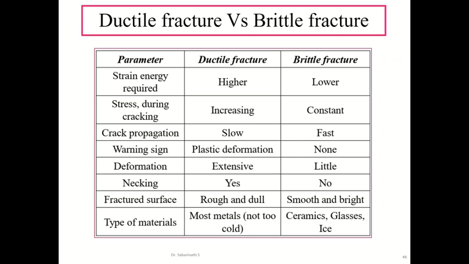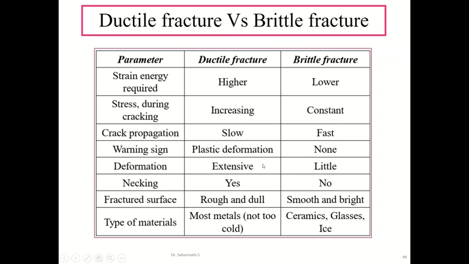The stress in ductile fracture will keep on increasing as the deformation takes place, but in brittle fracture the stress will remain constant. And the crack propagation is slow in ductile fracture, but in brittle fracture it will be very fast, and without any warning.